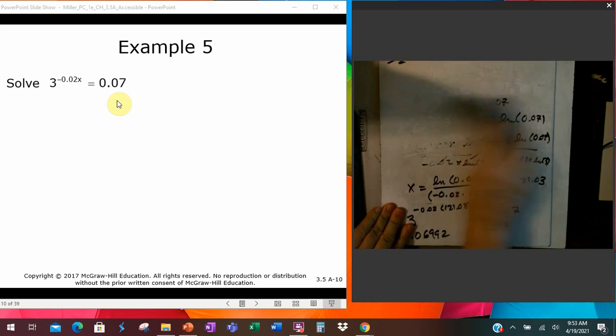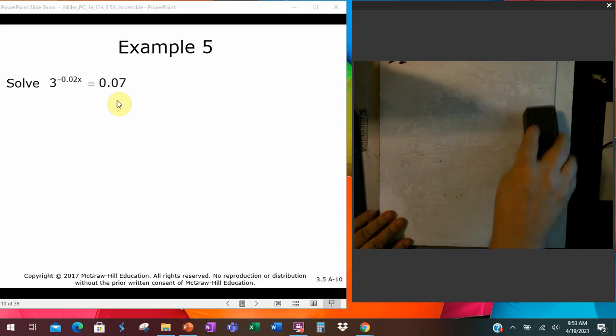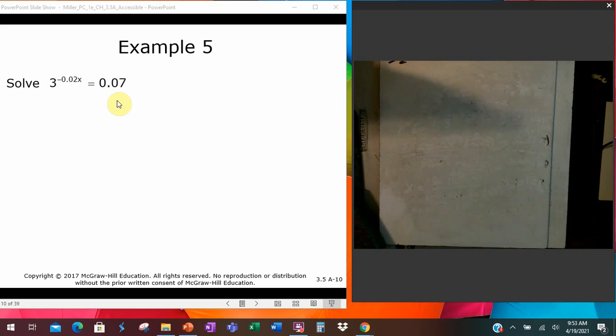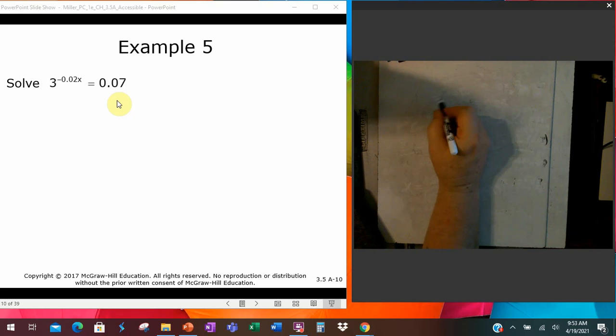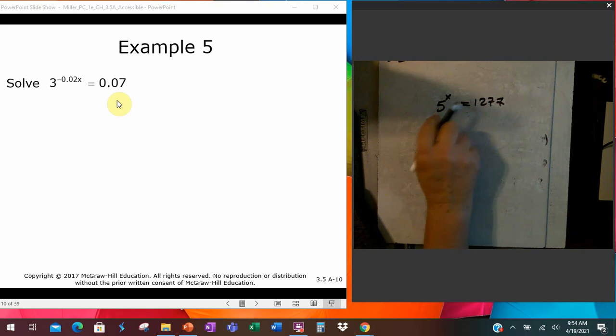Okay, so let me go back through. Whenever I have something, let's just say 5 to the x is equal to 1277, I can do it a couple of different ways, but it's all the same thing.